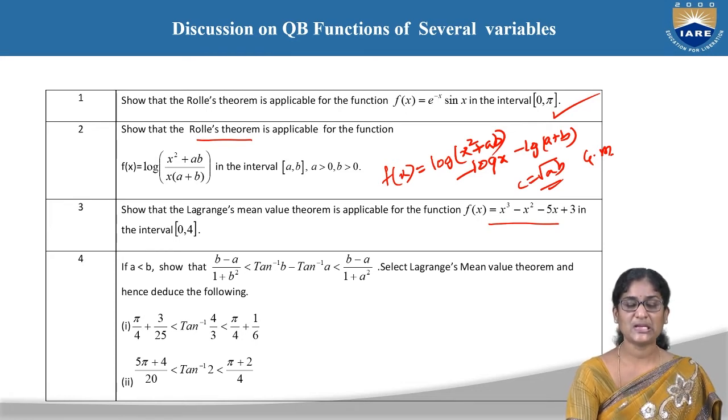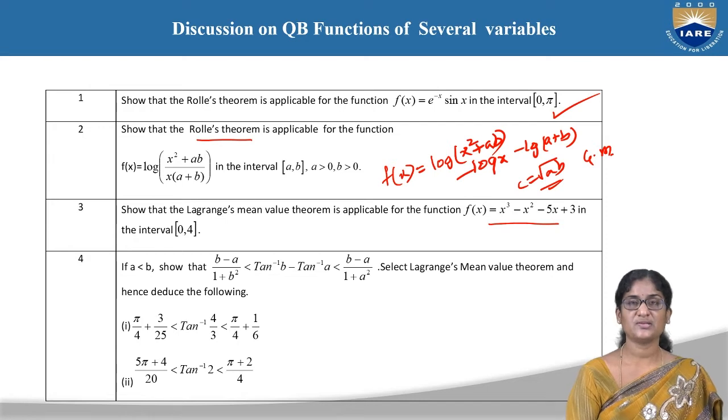So you can say that f of x is differentiable in the open interval 0, 4. If these two conditions are satisfied, the third one we need to show is that f of 0 is not equal to f of 4. Then we have to apply Lagrange's mean value theorem, find the value of c, and show that c lies between 0 and 4.